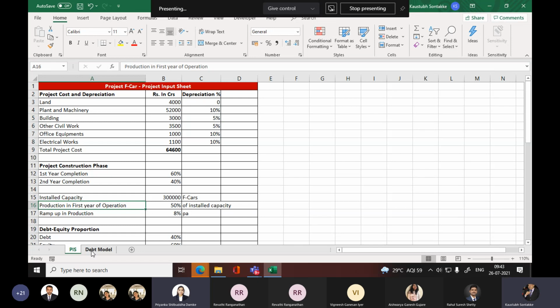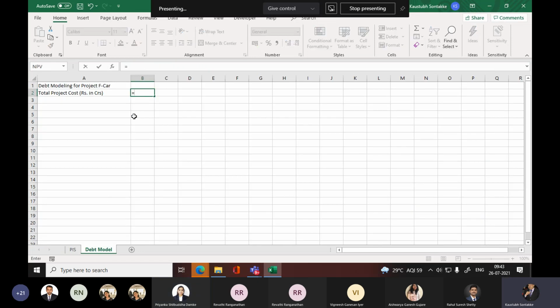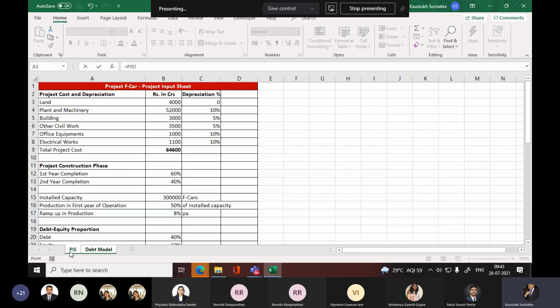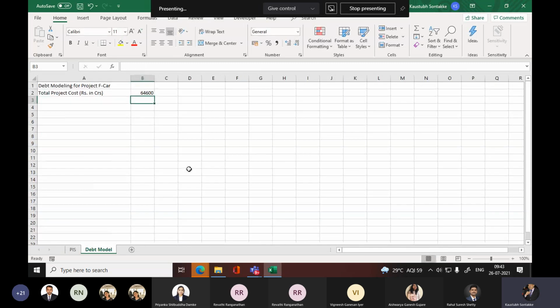Correct, 64,600. So we will bring it from, you just say here is equal to, in column B in front of this total project cost, go to PIS and take this 64,600 cell and enter. So we brought a total project cost. Okay, again no hard coding, just will keep on taking the details from PIS.